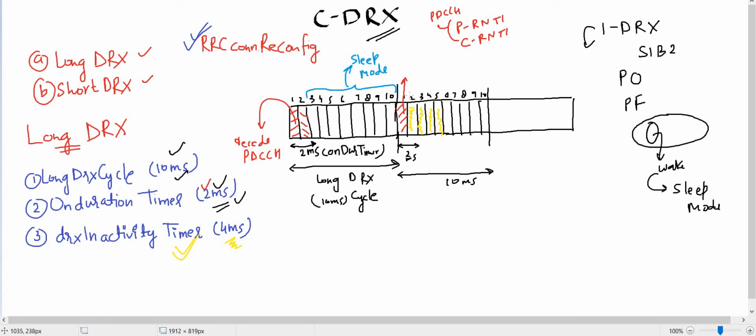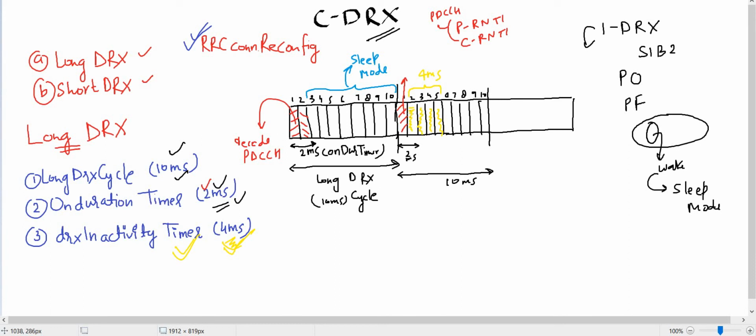So for these 4 millisecond, this is the same 4 millisecond DRX inactivity timer, the UE is going to decode the PDCCH, because some data will be received here. In the first subframe, the UE finds out that incoming data is there.